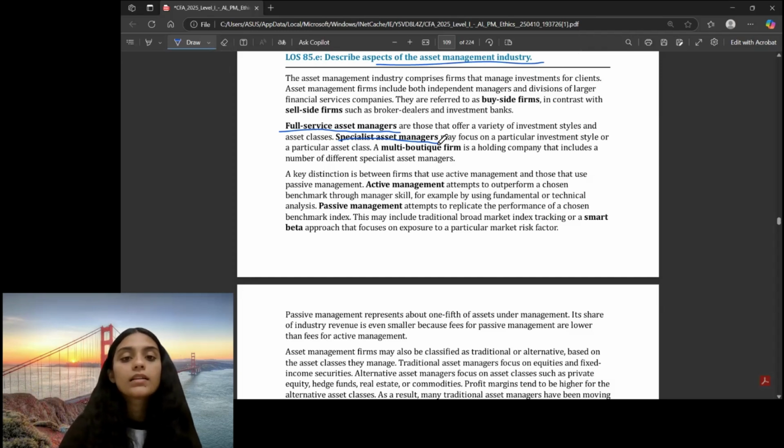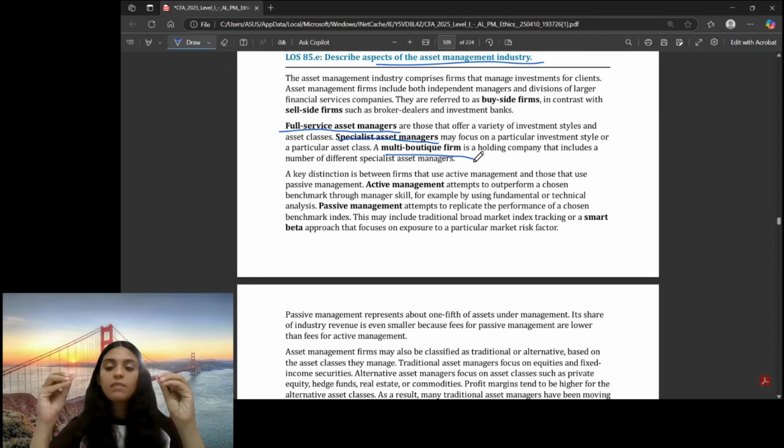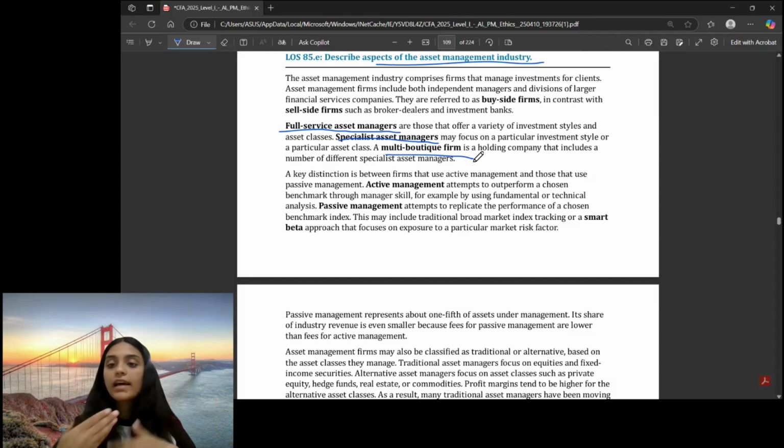Then a multi-boutique firm is a company that includes different kinds of specialist asset managers, each handling different asset classes as per their specialty.